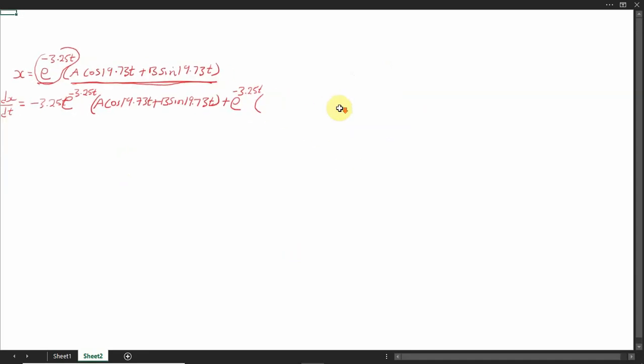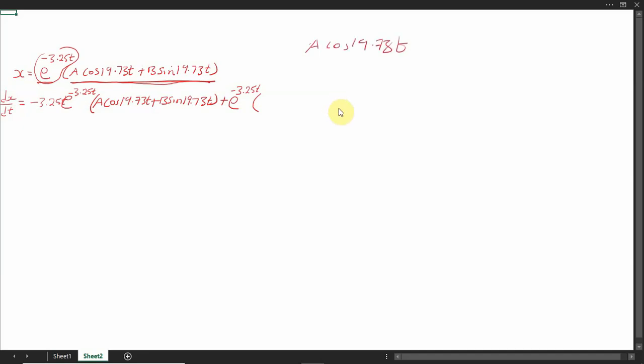If you differentiate this, this is what we get. A cos 19.73t: if you differentiate this, the 19.73 will multiply the a.